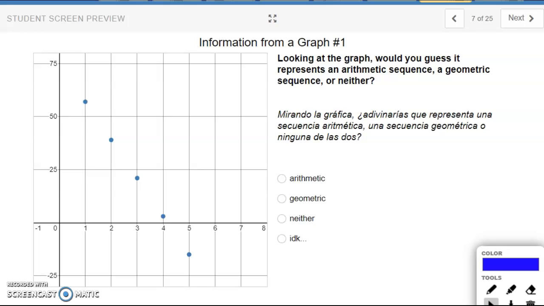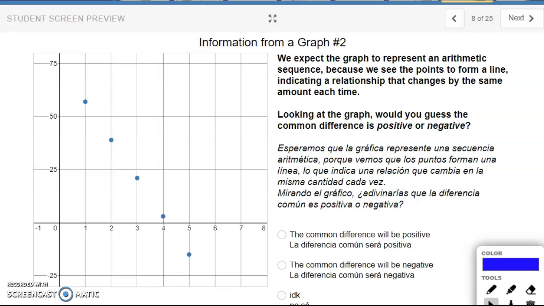It seems to be going down, but the distance looks constant. How much it's going down by seems pretty much the same. So that's an arithmetic sequence.